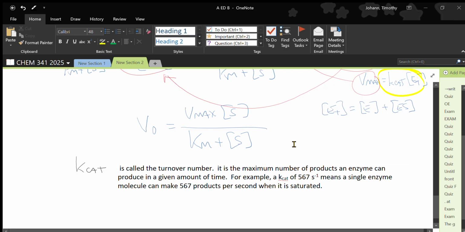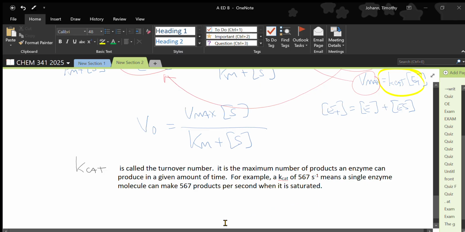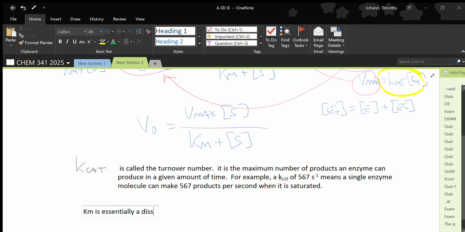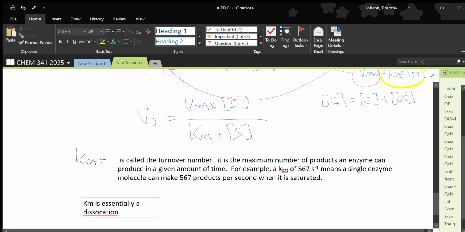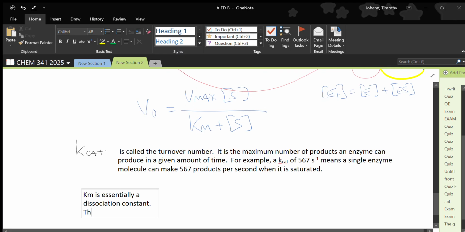Does that make sense? What kcat is? What it means? Okay. And it's a lowercase k. Okay, Km. Km is essentially a dissociation constant. Okay. The lower the number, the stronger the enzyme binds the substrate.